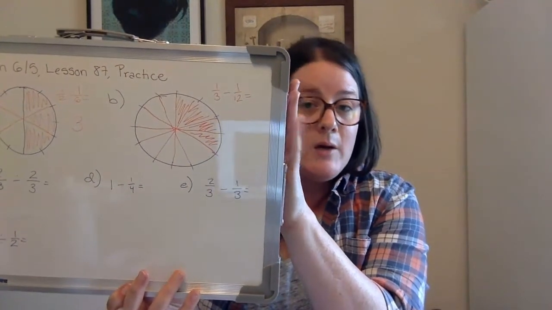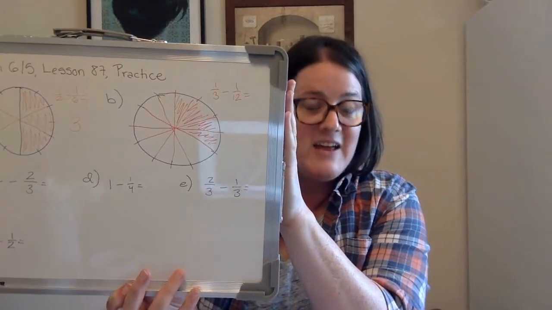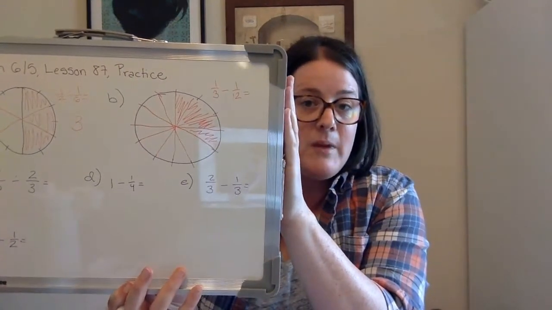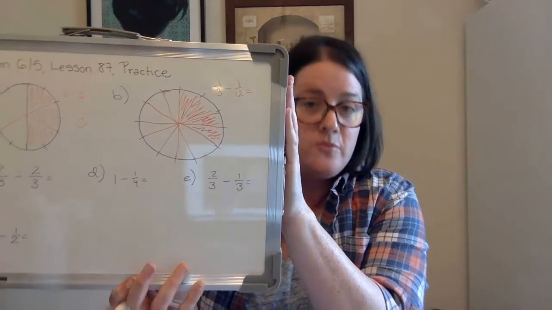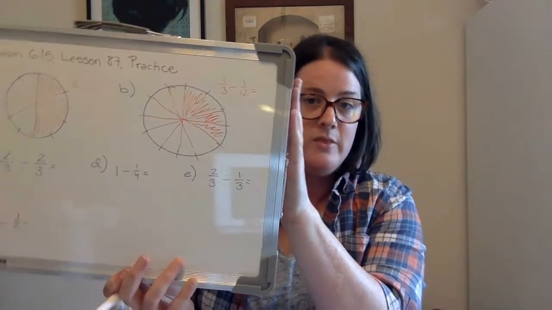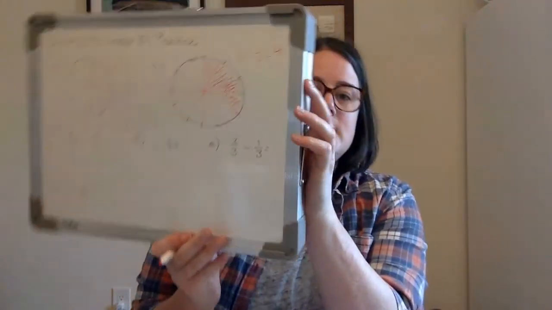I want to know how many 12ths are in that third, right? And I can count them, and I can count 4. There are 4 1/12ths in 1/3. So 1/3 divided by 1/12 is going to give me 4. Fair enough? Great. Practice C is asking 2/3 divided by 2/3.